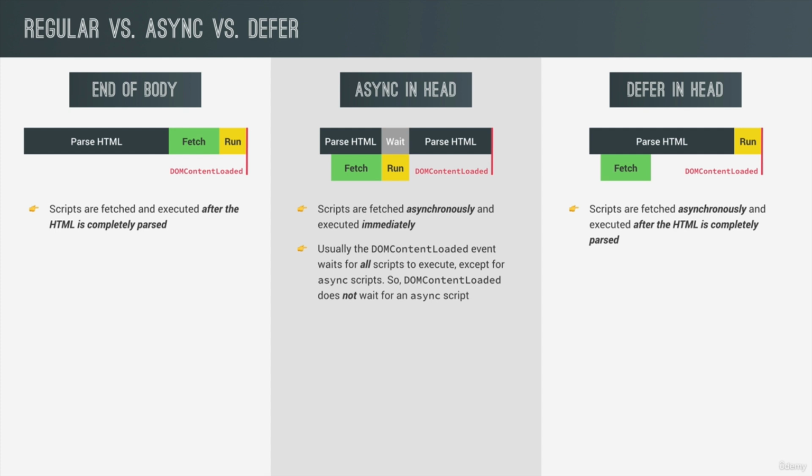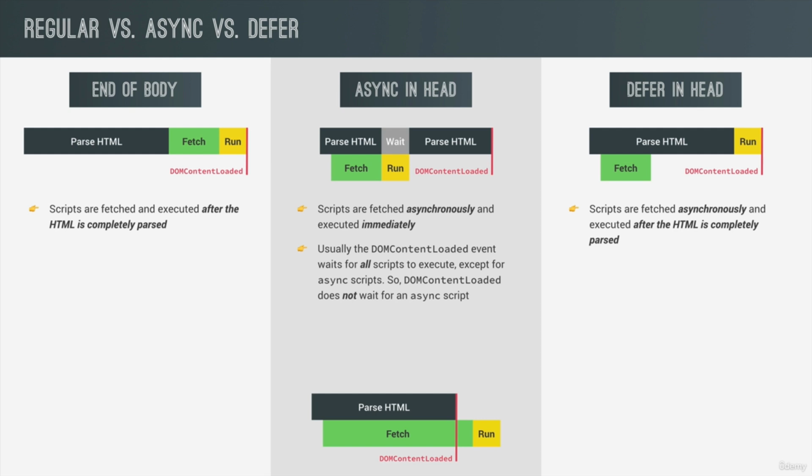So usually DOM content loaded waits for all scripts to execute, but scripts loaded with async are an exception. So with async, DOM content loaded is fired off as soon as the HTML finishes parsing. And this might actually happen when a big script takes a long time to load, like in this example. So notice how the DOM content loaded event appears right after HTML parsing in both these diagrams.